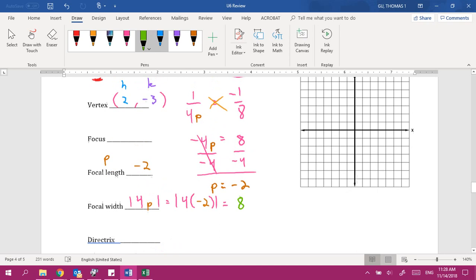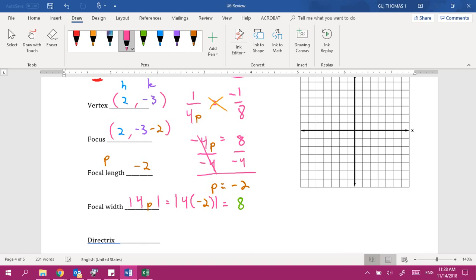Okay, next, let's find the focus. Do you remember what the focus is going to be? Is it the h plus? Let's start with h then. What is h? h is 2, and then comma, k plus p. So what is k? -3, and if I just add p, it's -2, right?